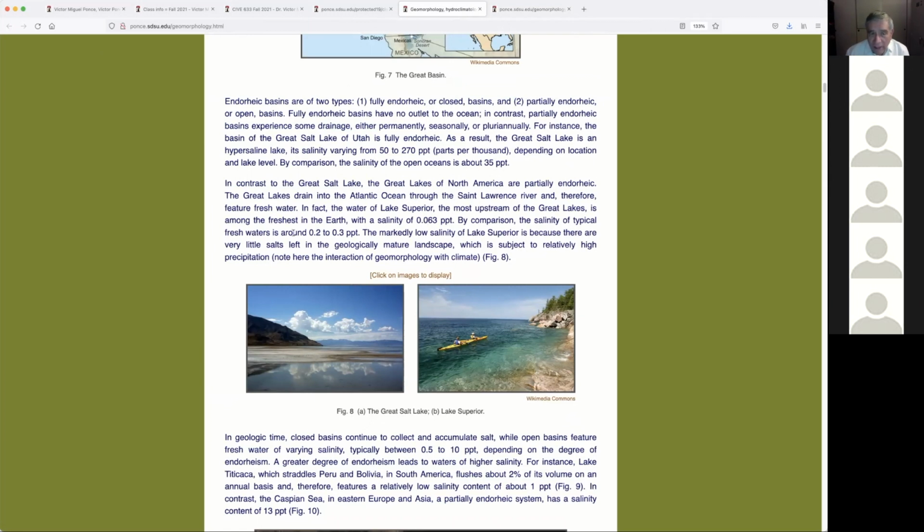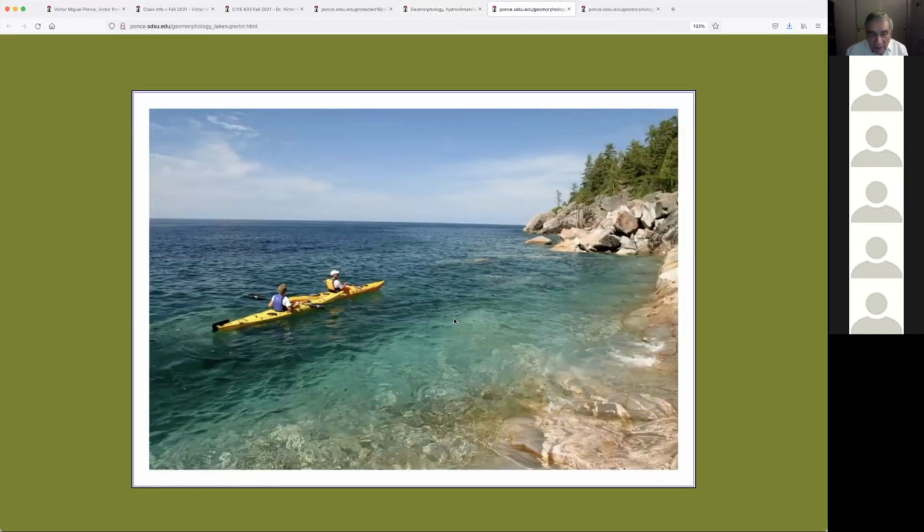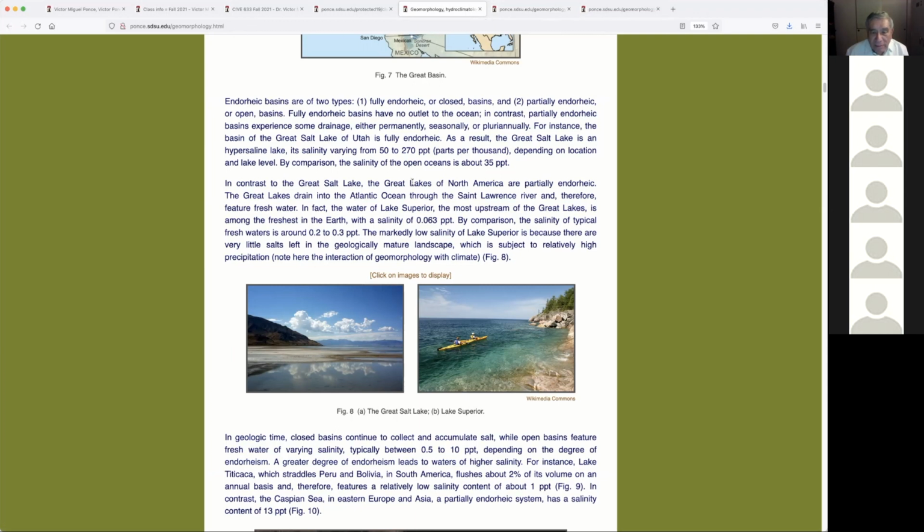We know that. Now, on the opposite side of the spectrum, let's take a look at the lakes that are very clean. And this one is interesting because this picture that you can see is from Lake Superior.